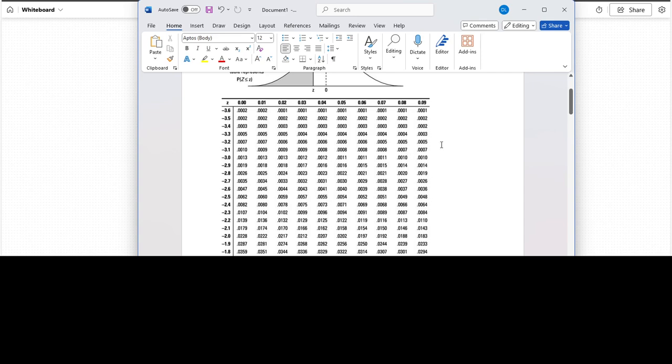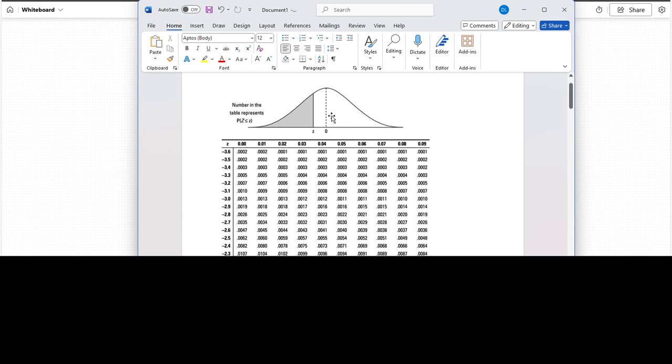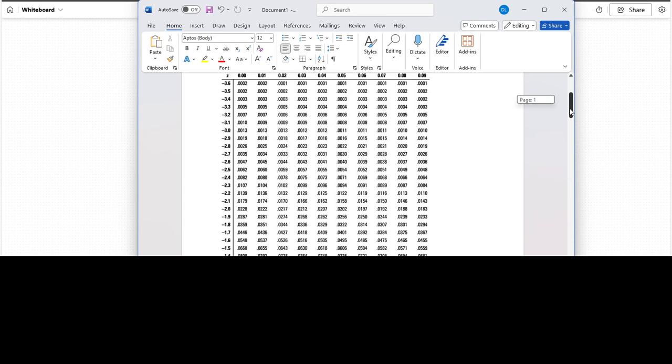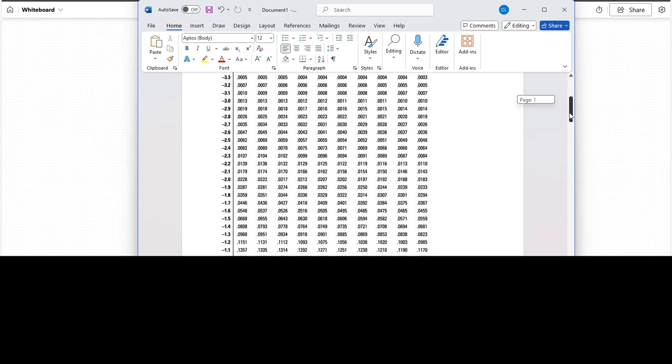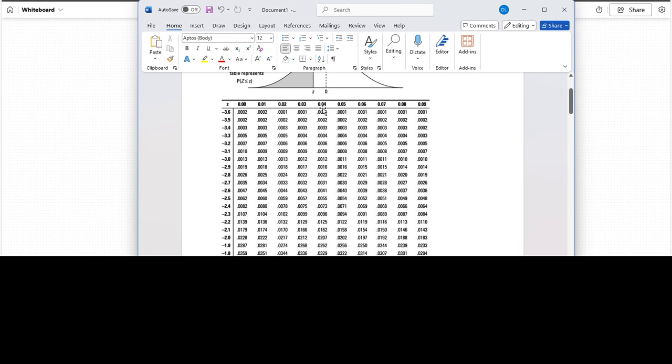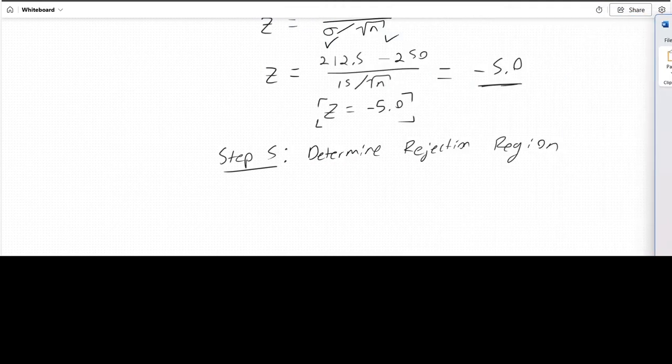We want to have 0.05 or 5% of the region shaded. So literally one roundabout way is just to find the 0.05 here somewhere. Looks like it's about here. So you can see that is negative 1.6, 0.04. So that's negative 1.64. So the table says z is negative 1.64.